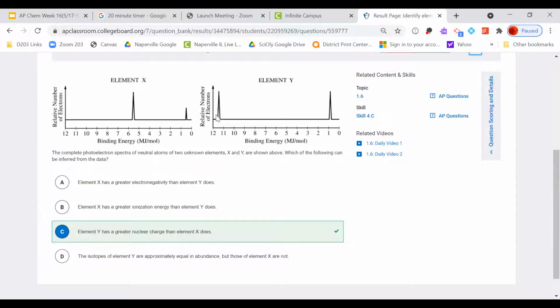That means those electrons require a lot more energy to take out of the atom. Versus element X, you have a peak between 5 and 6. So the reason the answer is Y is because that peak is further to the left, which means it has a higher nuclear charge, meaning the protons have more power over those electrons. That is why it requires more energy.